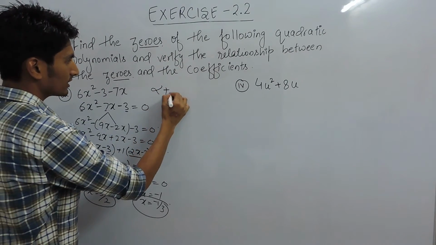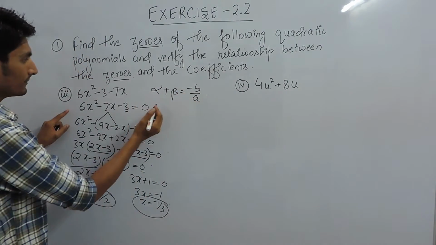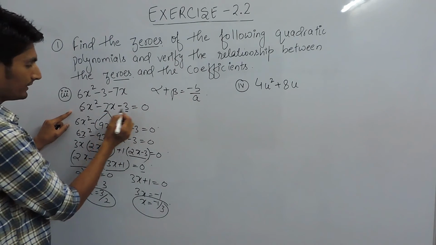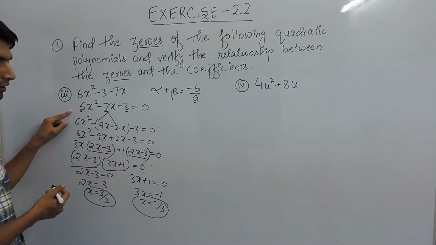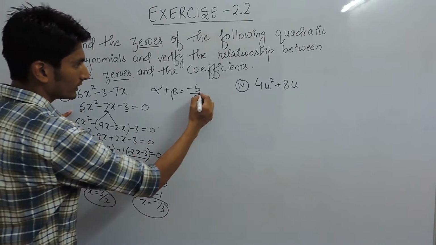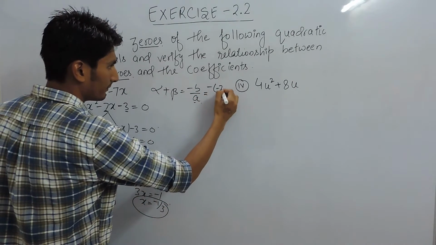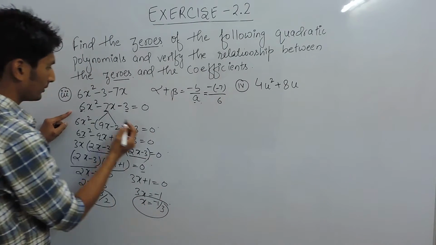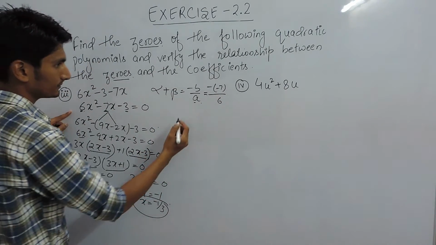Clearly, the sum of roots is basically minus b upon a, where b is the coefficient of x and a is the coefficient of x square. So here the sum of roots is minus 7 upon 6, because b is minus 7 and a is 6.